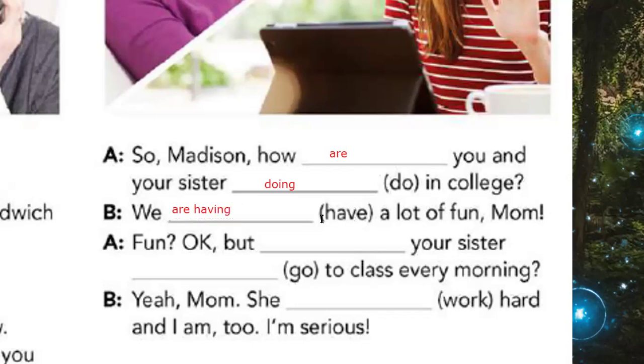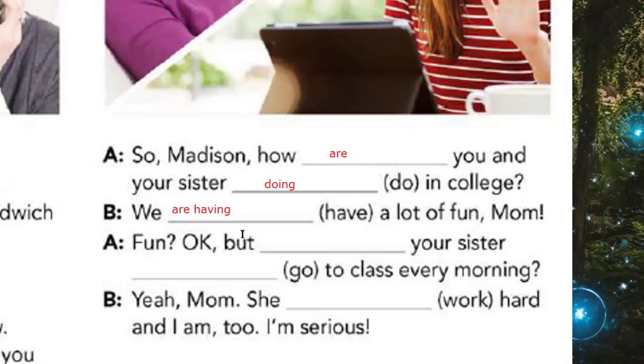All the verbs that end in E, we will eliminate the E, like make, making. Have, having. We erase the E and put ing.